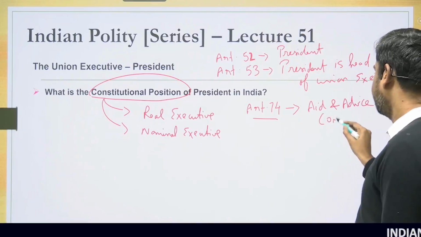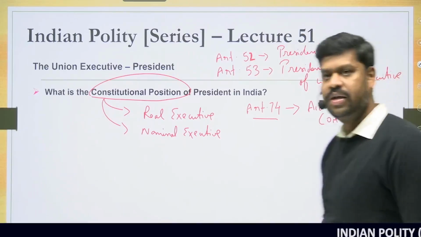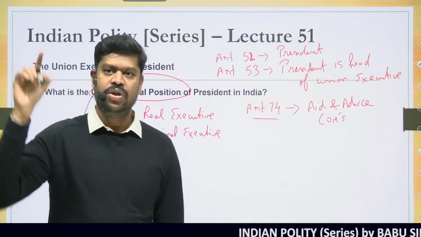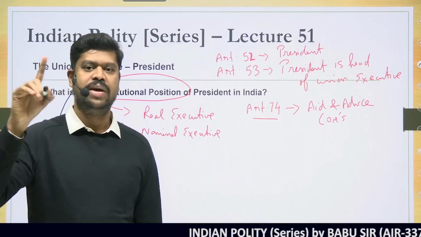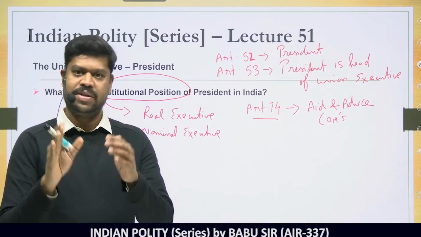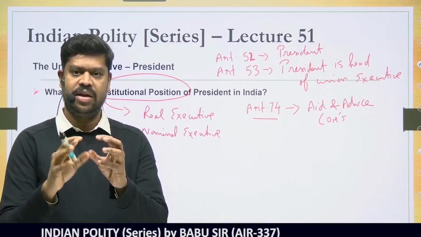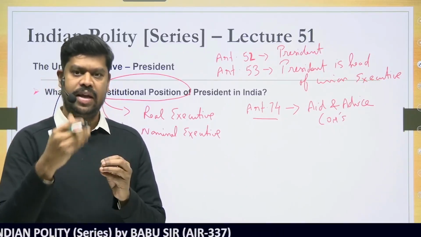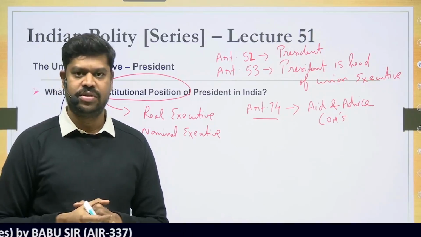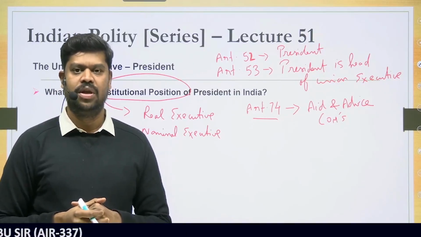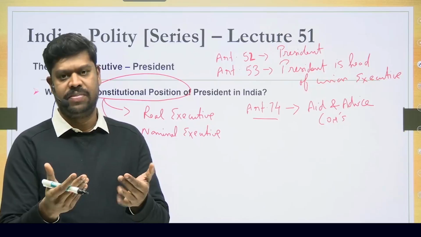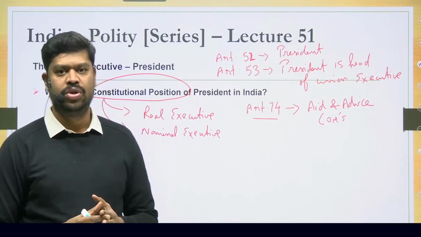That means the president cannot act on his own, but has to act in accordance with the aid and advice of the Union Council of Ministers, which is headed by the Prime Minister. That means whatever the Prime Minister and the other ministers advise, the President is bound to do.